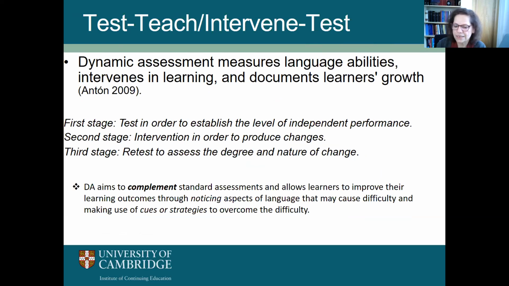So dynamic assessment is meant not to replace standard assessment, but to complement it. And it helps learners notice the aspects of language that may cause them difficulty, and to prompt them to use cues or strategies to overcome this difficulty.